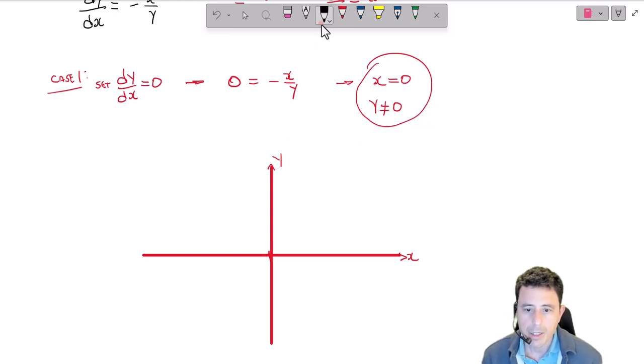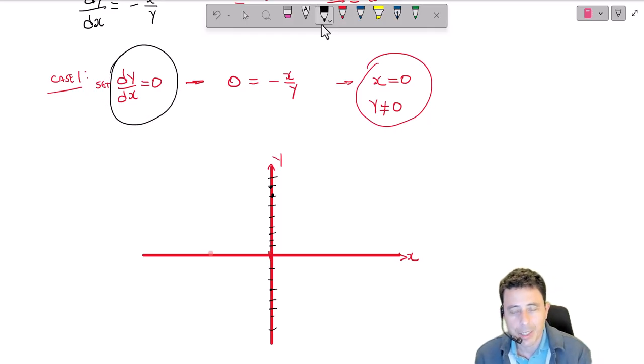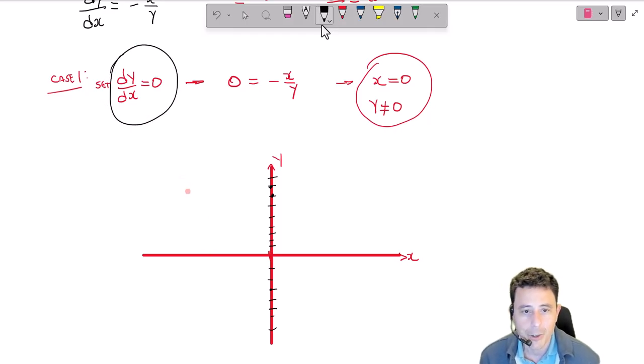So along all these points, x equals 0. Right over here, x equals 0. Right over here, x is also 0. Here, x equals 0. What is happening here is that the derivative is 0, because that's what we set it to be equal to.